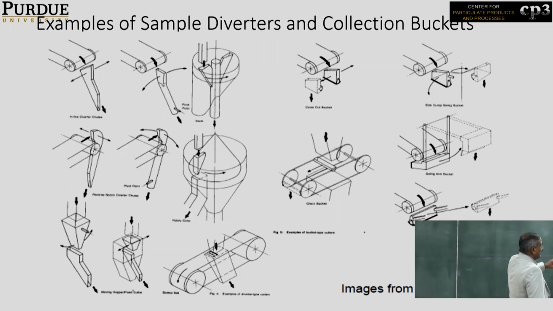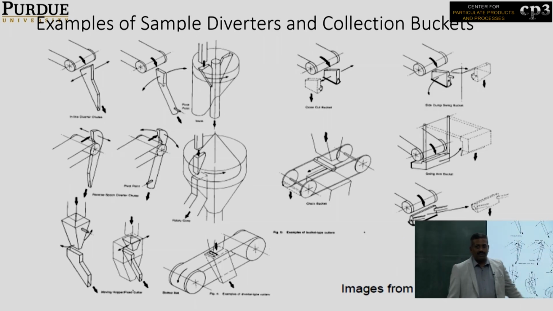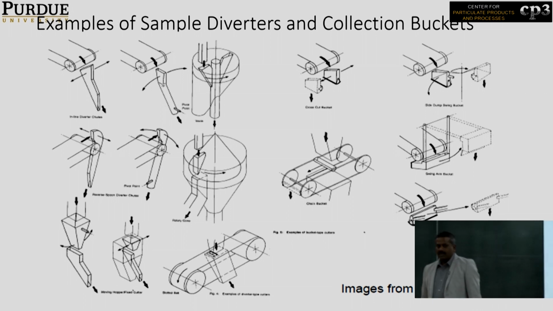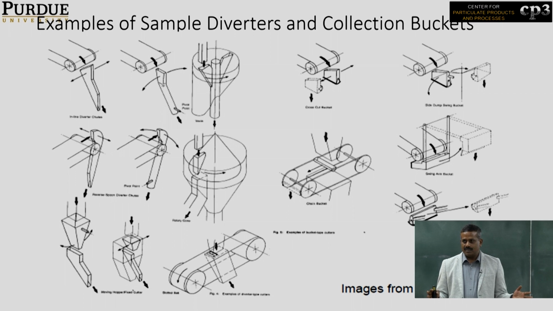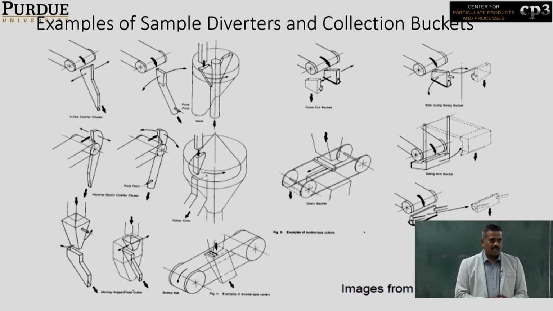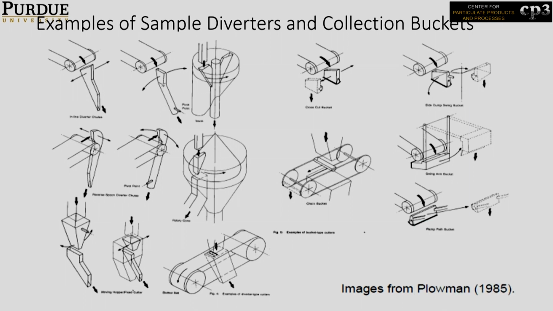There are again tons of different sub-sampling systems. Have any of you been to a bulk production facility? Mostly particulate materials like fertilizers, soil, mines, mixing. You might see one or another type of sub-sampling system in those bulk production facilities.